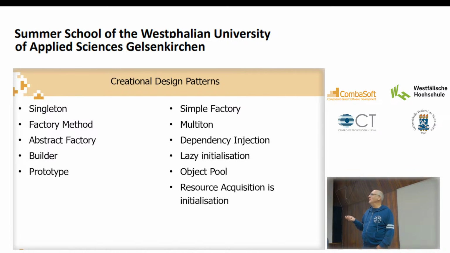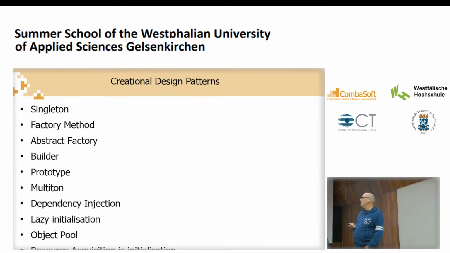The singleton, factory method, abstract factory, builder, and the prototype. We have other creational design patterns: simple factory, multiton, dependency injection, lazy initialization, object pool, and resource acquisition is initialization. These were published later and are used in some contexts.